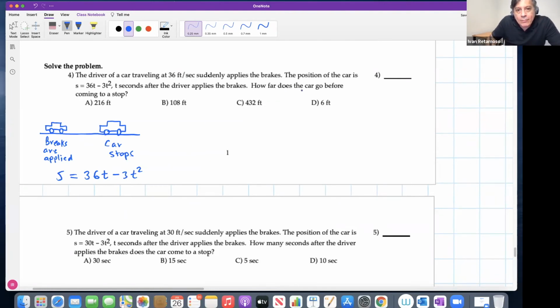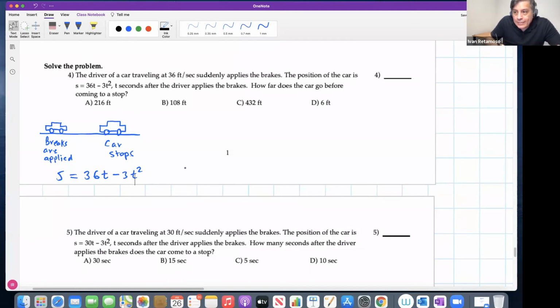It's how far does the car go before coming to a stop. But in order to do that, I have to find how long it took for the car to go from here to here. So how many seconds pass between this point and this point, right? So that I can find the distance. So I gotta find out at what time this car stops, right?